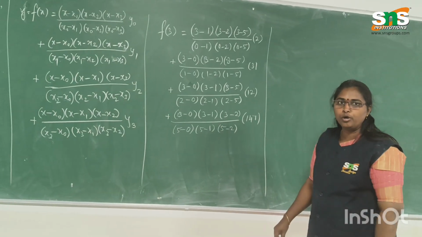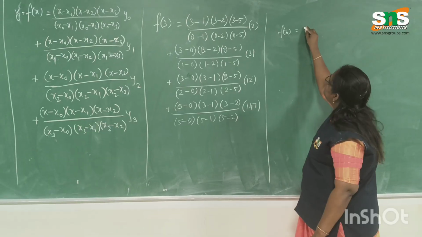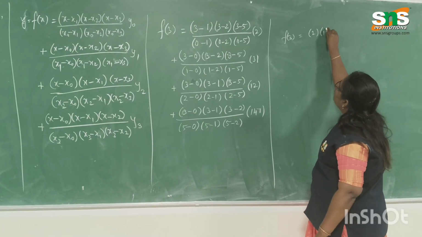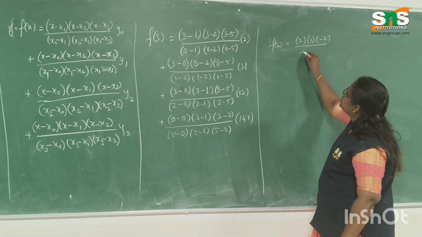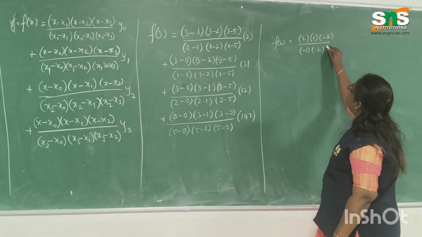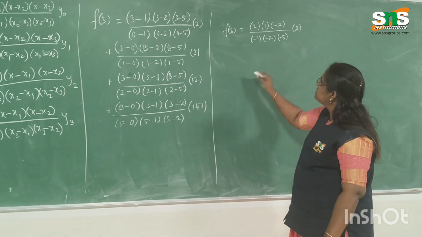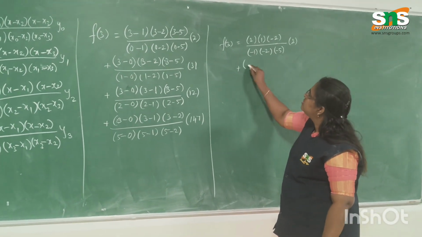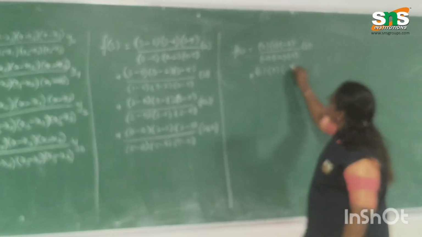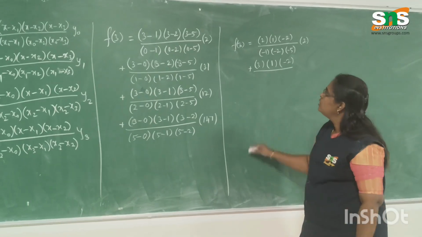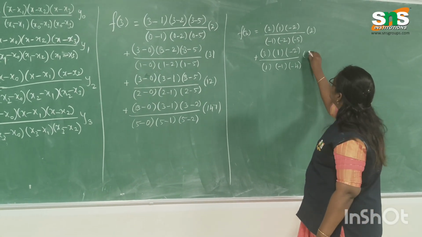Now I am going to take the conclusion. F of 3 equals 2 into 1 into minus 2, divided by minus 1, minus 2 and minus 5, into 2, plus 3 into 1 into minus 2, divided by 1 into minus 1 into minus 4, into 3.